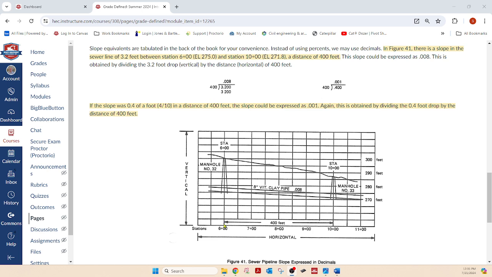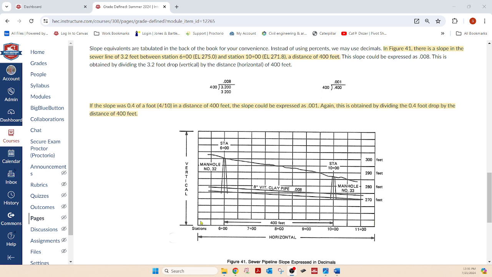Now, from here to here is another 100 feet because it's 7 plus 00. So from that little information, we can assume that each of these horizontal distances within this grid are 100 feet. So write that down somewhere or memorize it. Just know that.